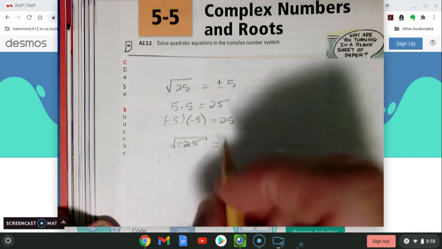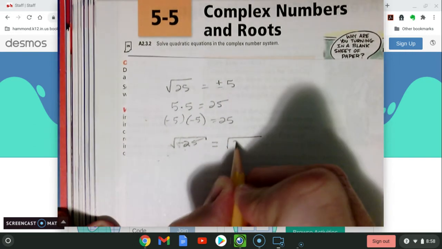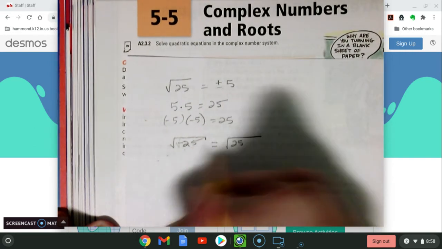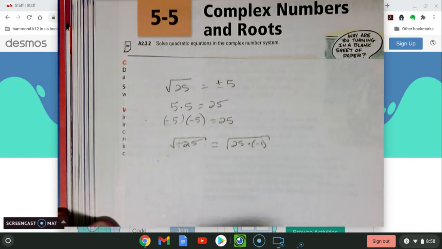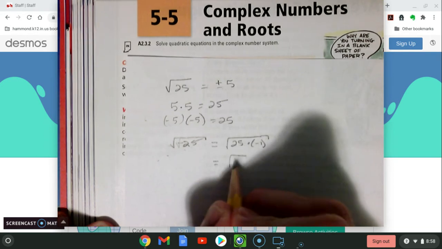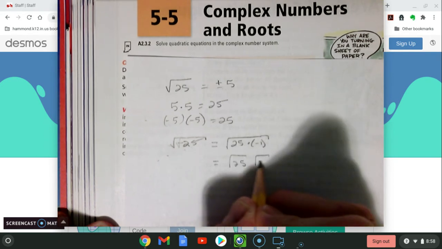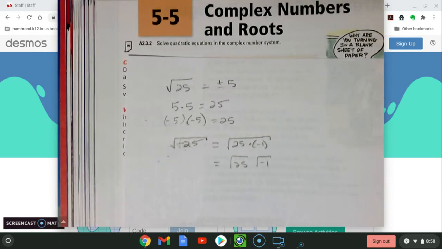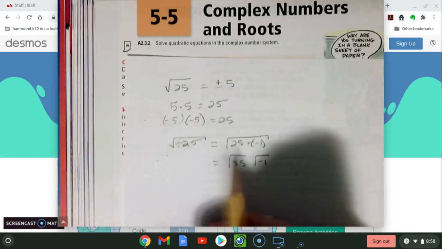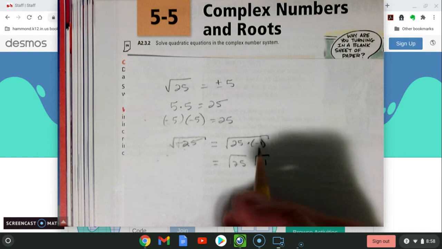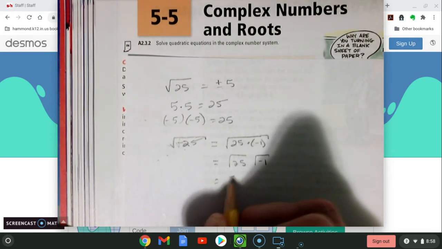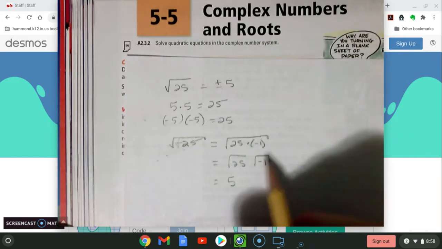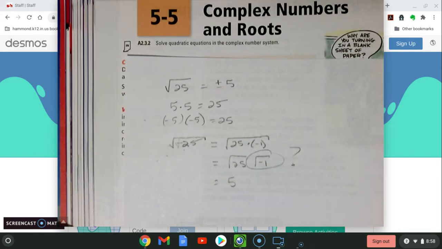One of the things that we remember is if I can take the radicand and break it up into a product, then each of those factors can have its own individual radical sign. So I could take negative 25 and break that up into positive 25 times negative 1. Well, why would I want to do that? Well, look right here. I can see the square root of 25 is 5. That's awesome. But this here is a problem. What do I do with that?